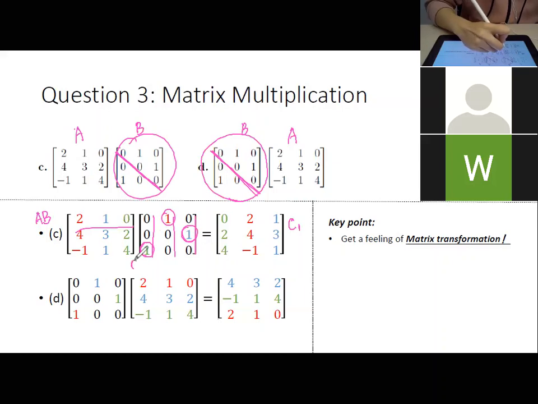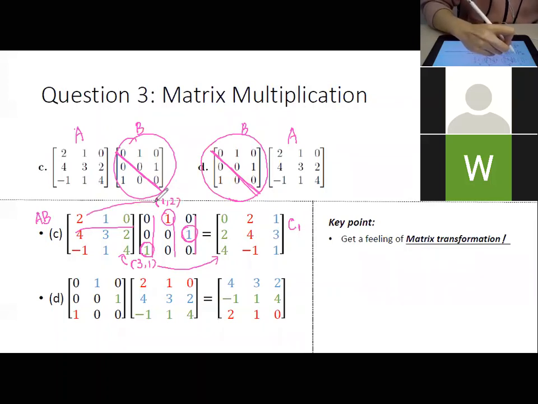Its position is 3, 1. And we can see that the third column in matrix A becomes the first column in matrix C1. And next, the red element 1 is at the position 1, 2.